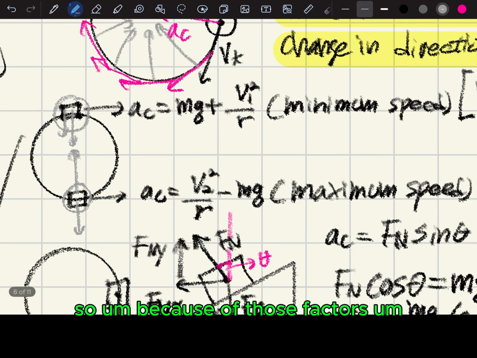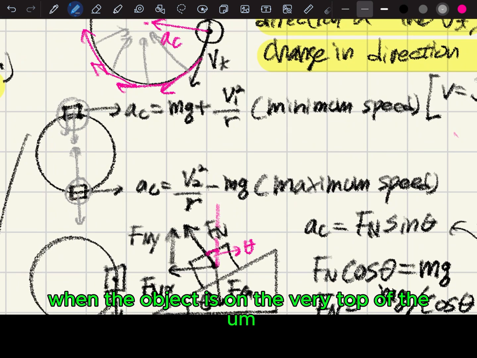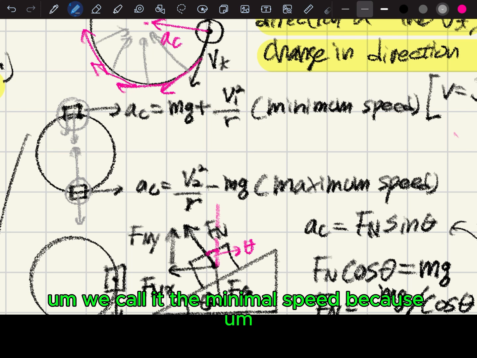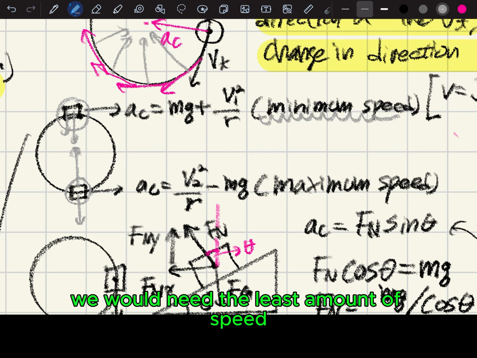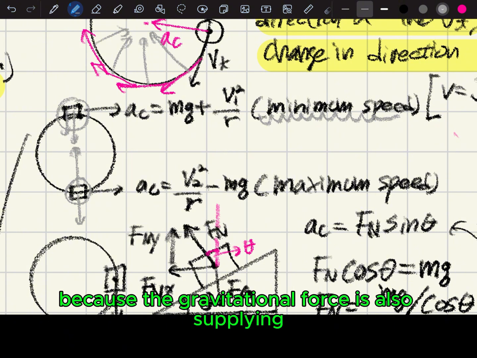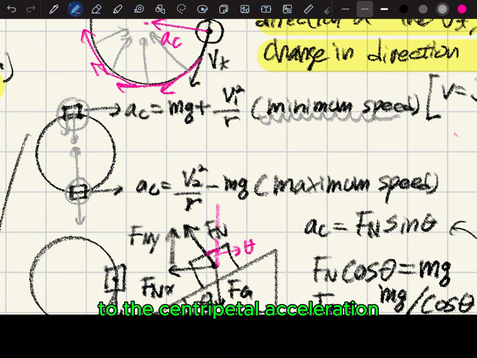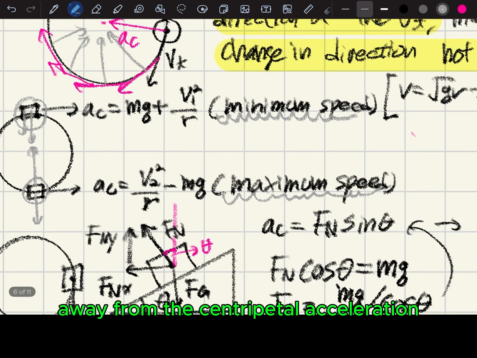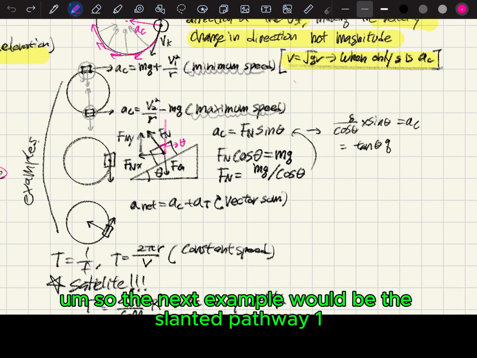Because of those factors, when the object is on the very top of the amusement ride, like the vertical circle, we call it the minimal speed because we would need the least amount of speed, since the gravitational force is also supplying the centripetal acceleration. And when we're at the very bottom, we call it the maximum speed because the gravitational force is taking away from the centripetal acceleration.